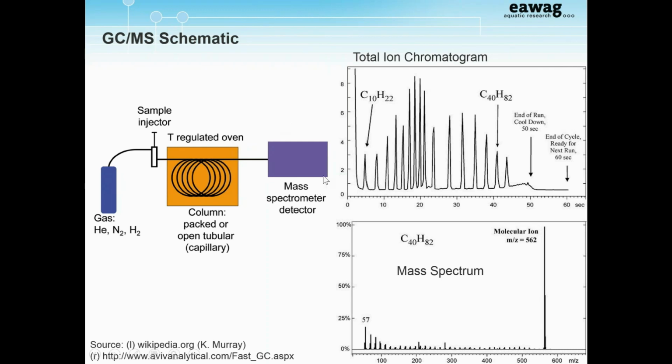And right at the back end we have a mass spectrometer detecting your results. So for every time in the chromatogram you get a corresponding mass spectrum. What you see at the bottom here is the mass spectrum of this C40H82, so 1 point of the total ion chromatogram. So from the chromatogram, we can get some retention time information, and from the mass spectrum at the bottom, we will get our molecular information.